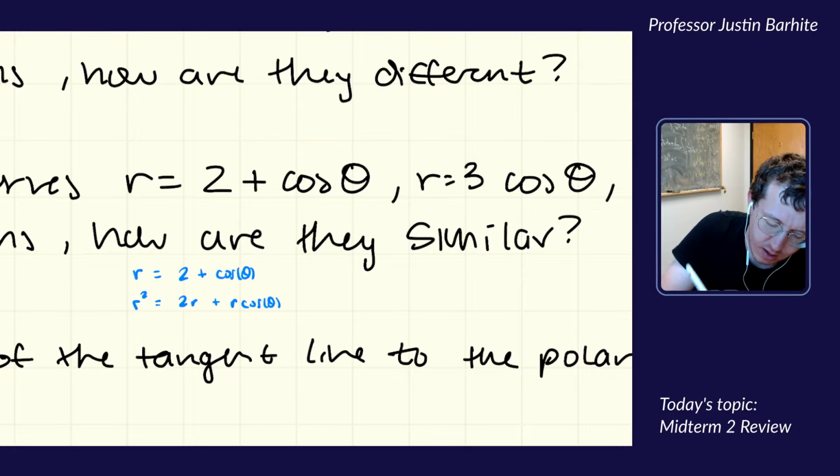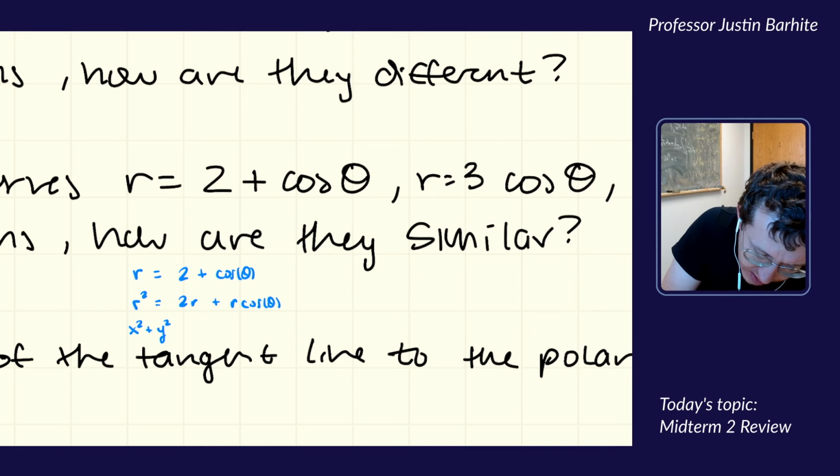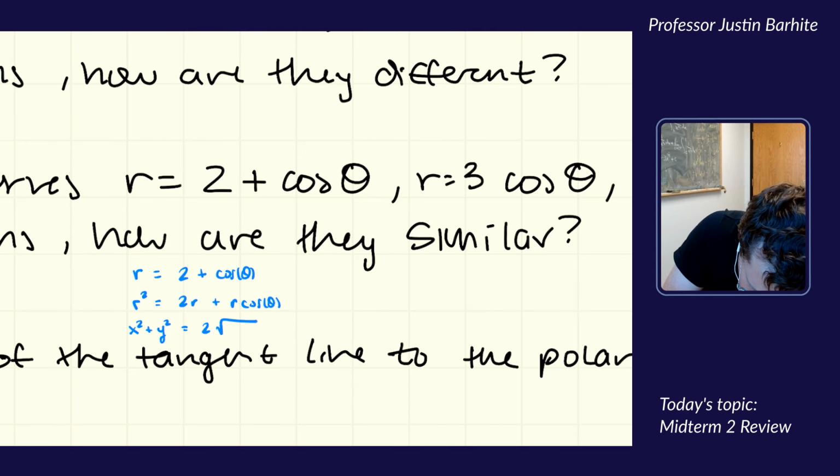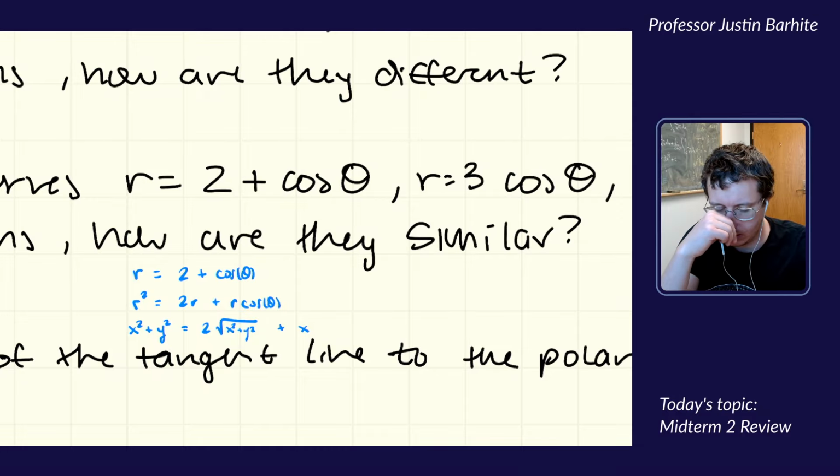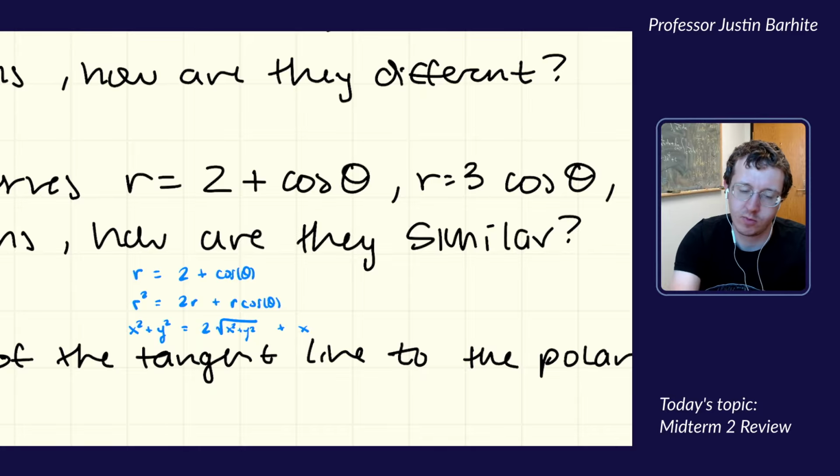Now I'm concerned about this. Maybe that's fine. And then r squared is x squared plus y squared. This looks overly complicated. Maybe it's not meant to have a simple equation in Cartesian coordinates.